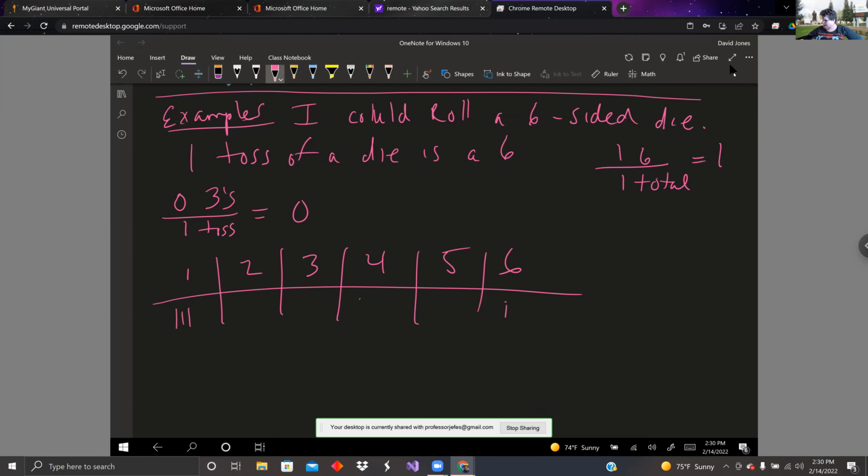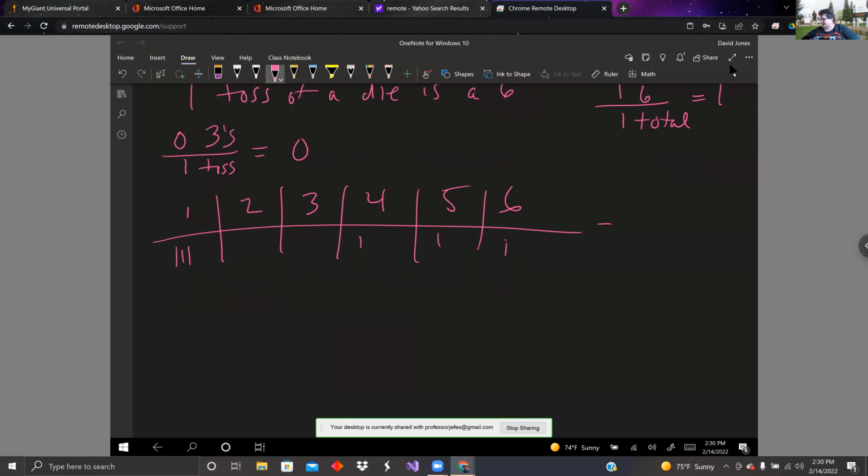I have a 4 and I have a 5. So the total number of outcomes here, total rolls or trials, is 6. Maybe I should roll 2 more. I got another 5 and I got another 6. So I've got 8 trials or 8 outcomes.